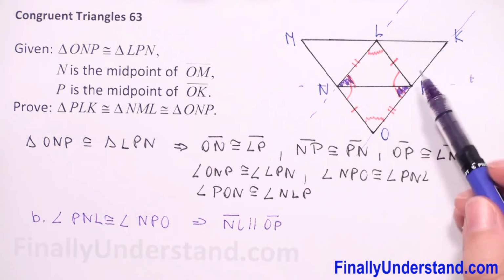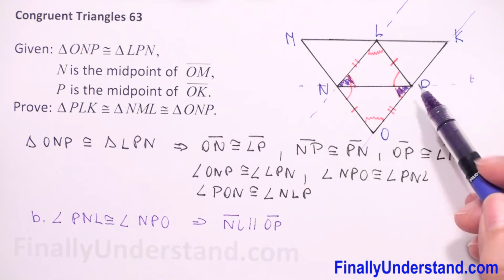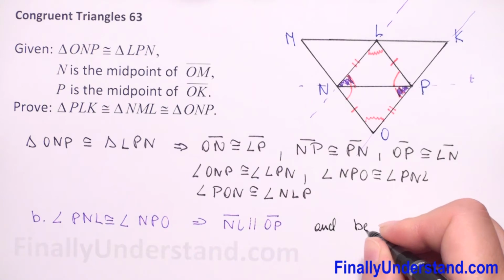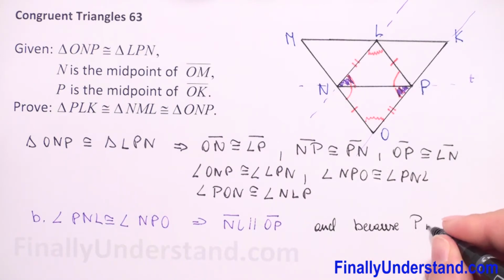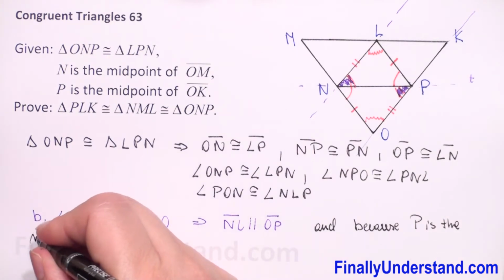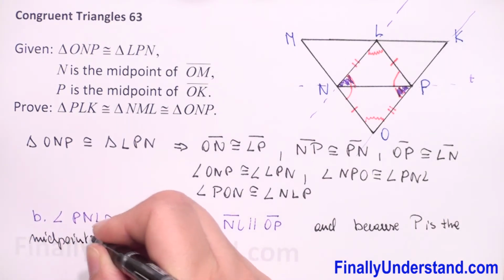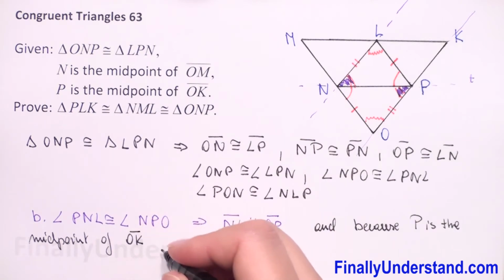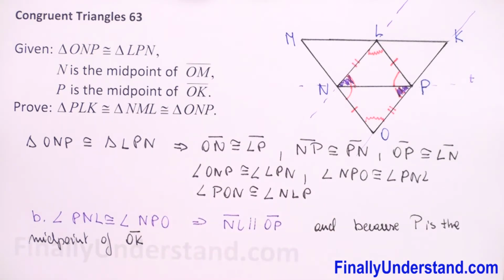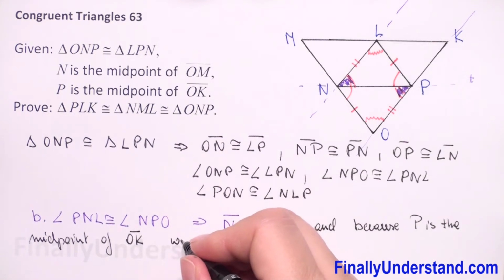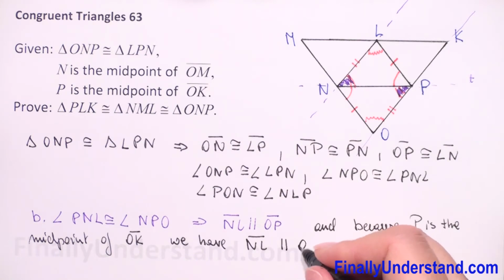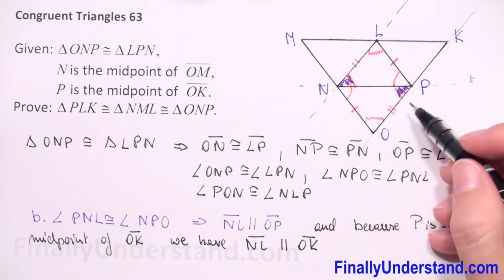And because P is the midpoint of OK segment, we can write that NL is parallel to OK segment.